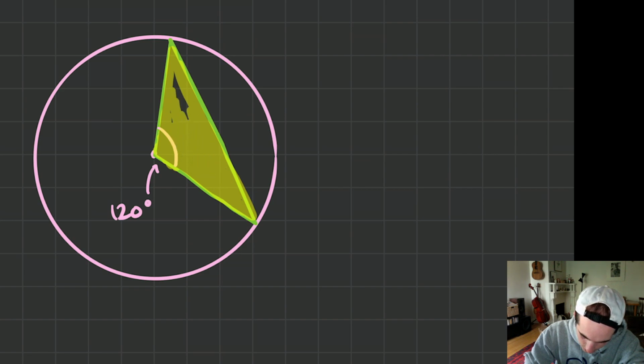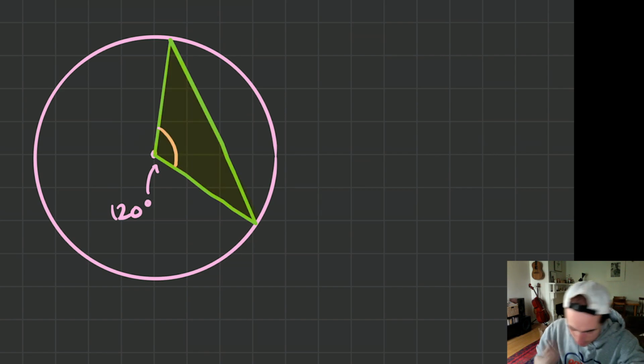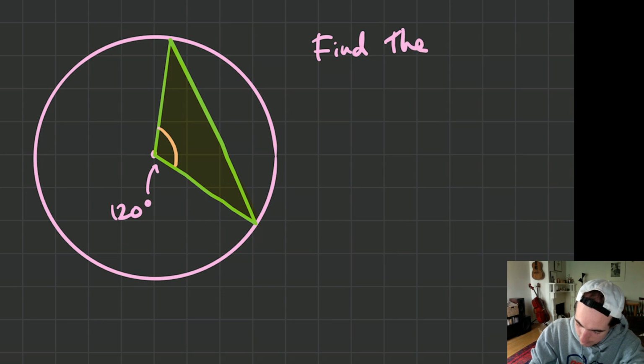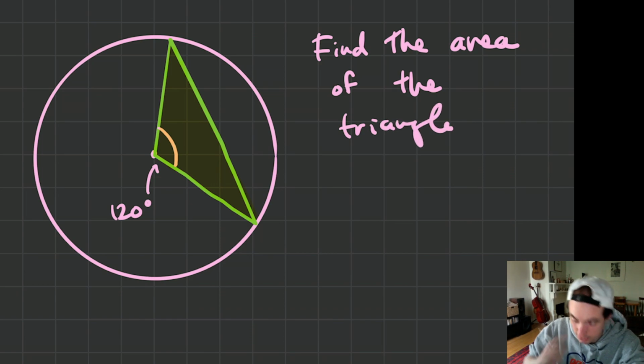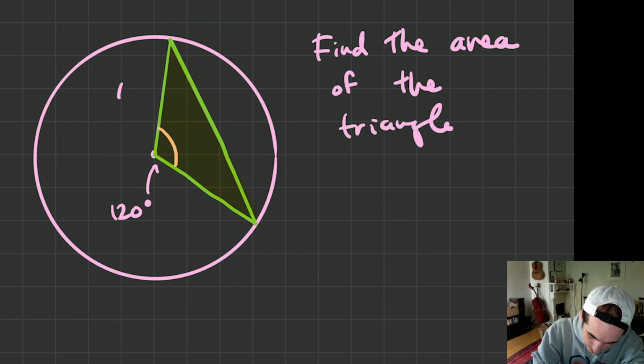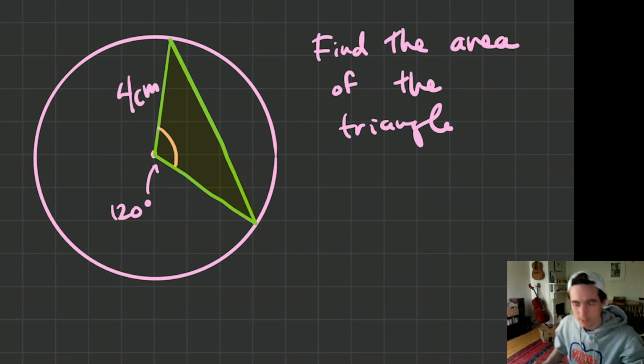I'm going to give you 2 minutes to find the area of the triangle. Oh, and I should also tell you the radius of the circle. Let's say that the radius, which happens to be one of the sides, is 4 centimeters.